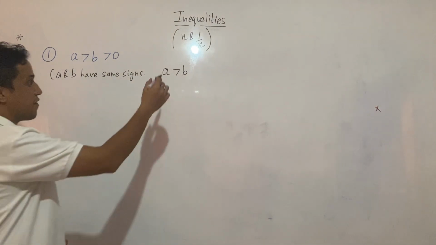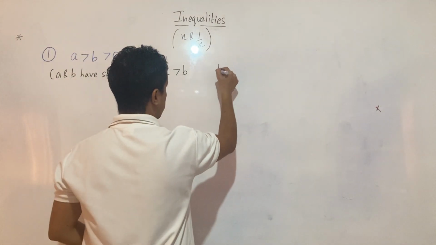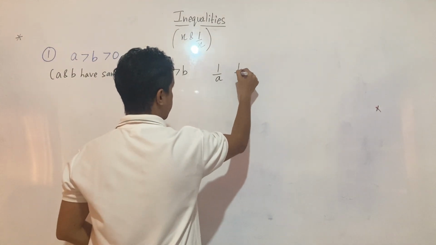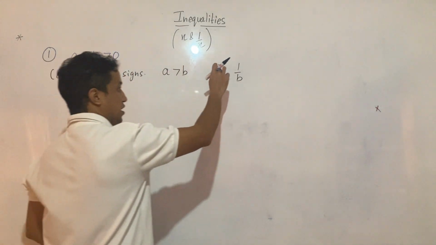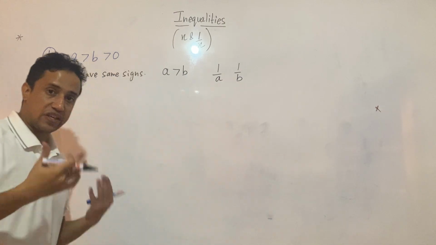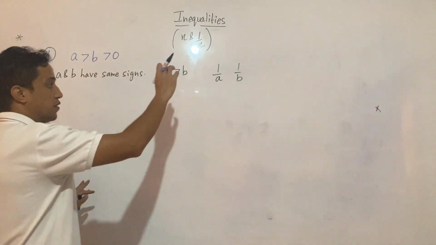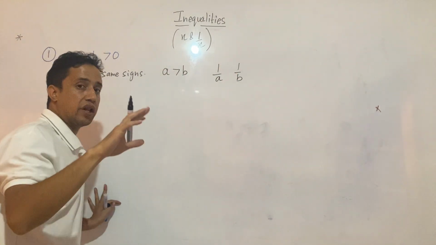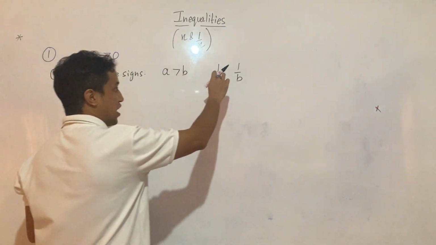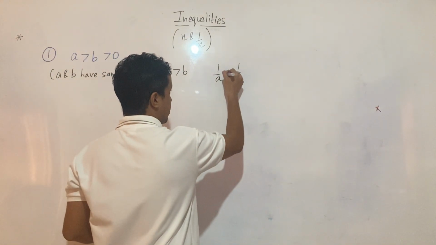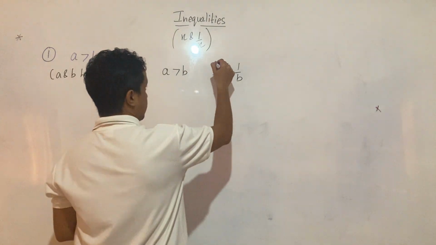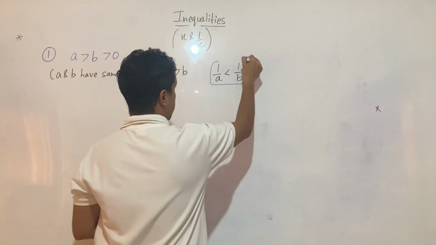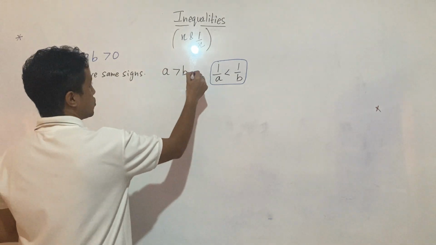Okay, so if I do the reciprocals, 1 over a, 1 over b, if the signs are same on both the sides, then when you take the reciprocals, the sign of inequality will get inverted. It has to change. Okay, so here it's going to be less than. Okay, so this is important thing.